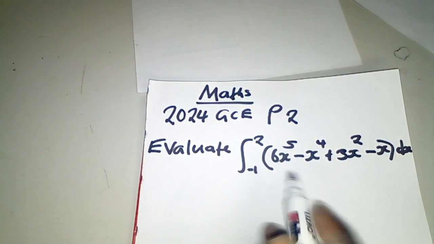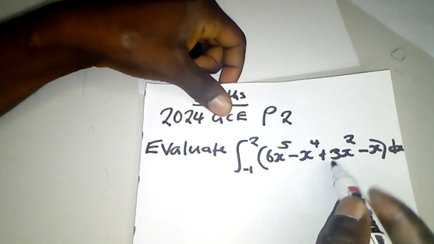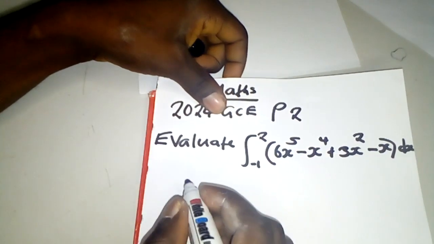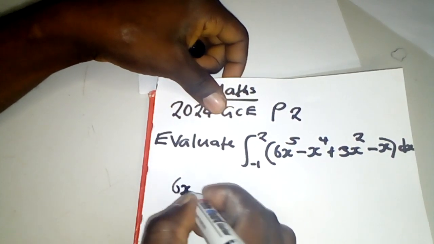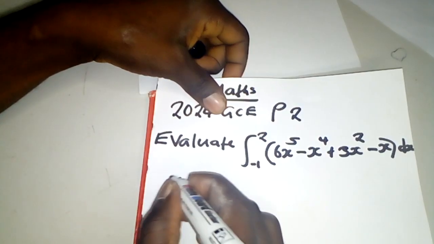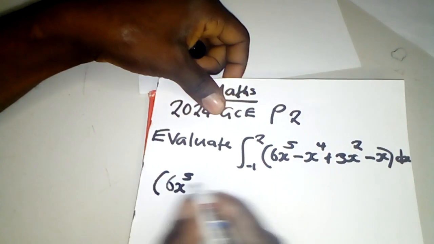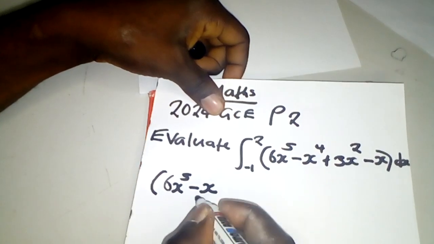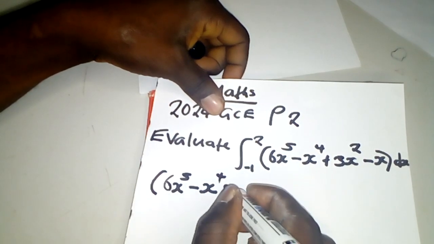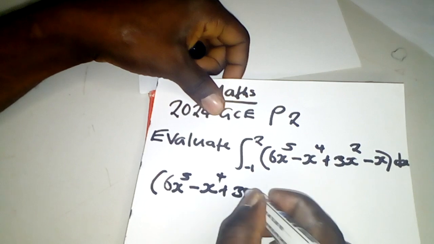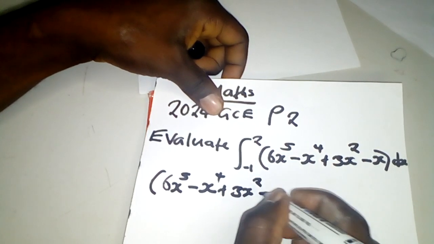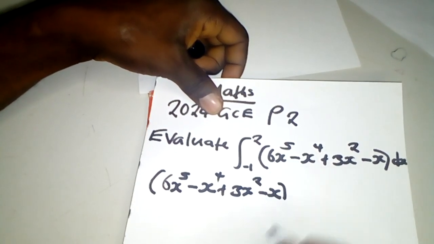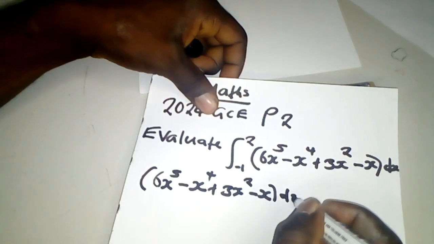Let's begin. So here I'm going to write this question from here, which is 6x to the power 5 minus x to the power 4 plus 3x to the power 2 minus 1, close brackets, dx.